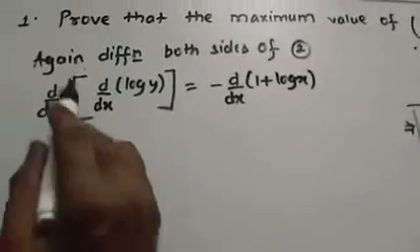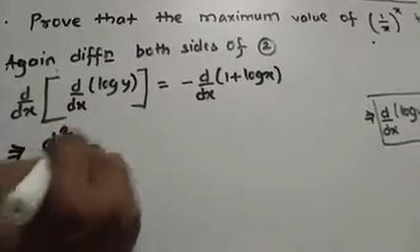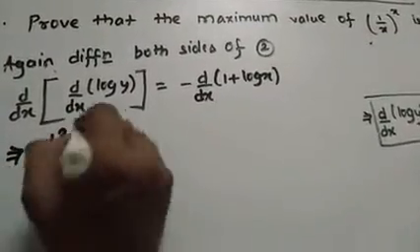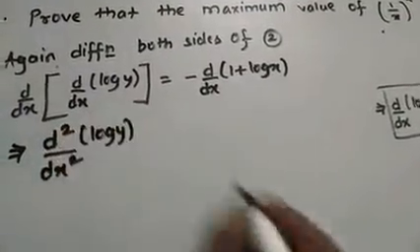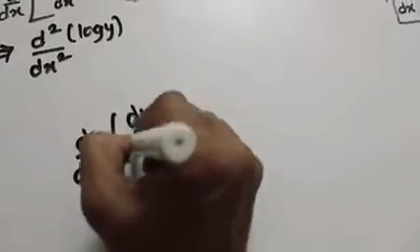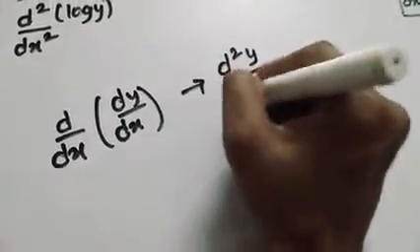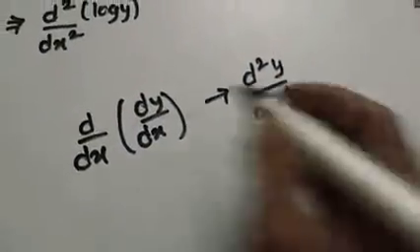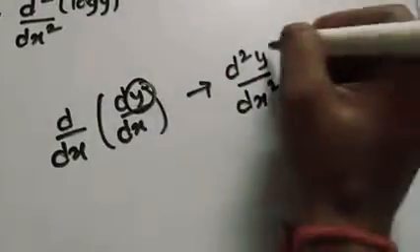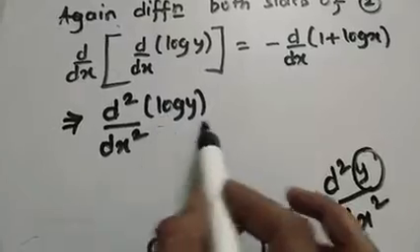Here d/dx of d/dx means the double derivative, so d2/dx2 of log y. Don't be confused, there is nothing confusing. If we write d/dx of dy/dx, that is d2y/dx2, where y is the function, but here in place of y we have log y, so I am writing log y.